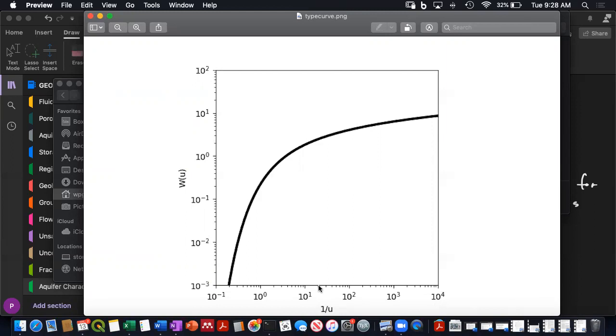So what you do is you would say, okay, I calculate U to be something. Then I can calculate what 1 over U is. And let's say 1 over U is equal to 10. I'd come up here and I'd say, okay, my WU is equal to, here's 1, this would be 2. So this is how we pick off what our WU is.